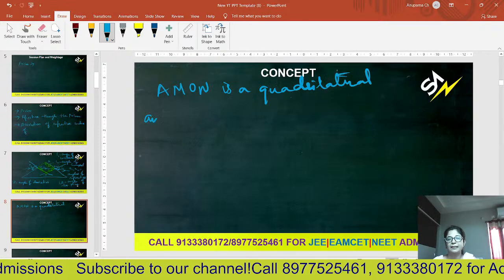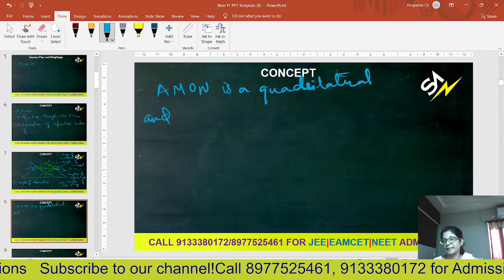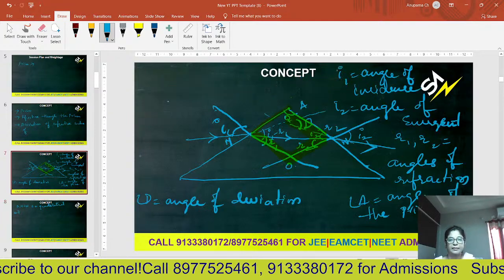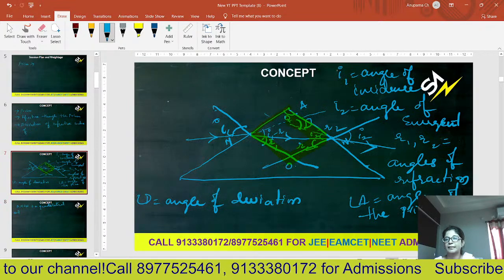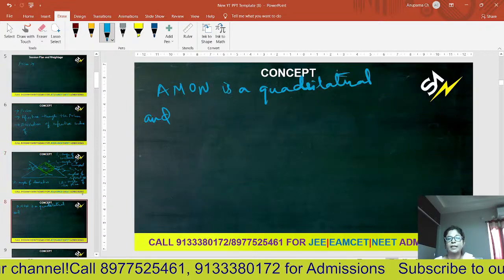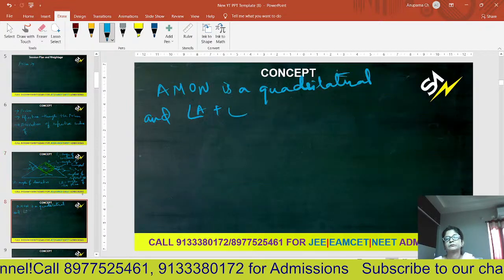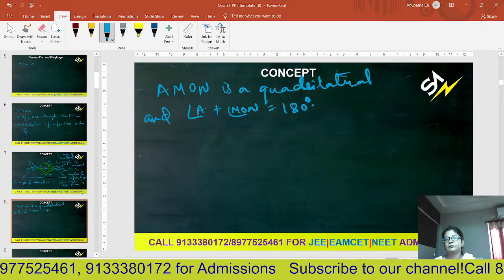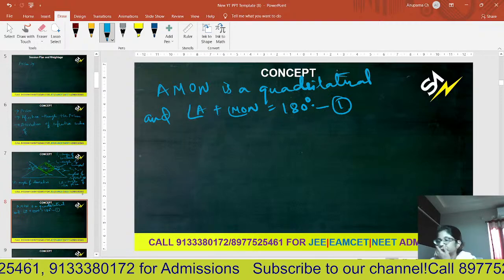and in a quadrilateral, the sum of opposite angles is equal to 180 degrees. That means angle A plus angle MON is equal to 180 degrees. Let us take this as 1.